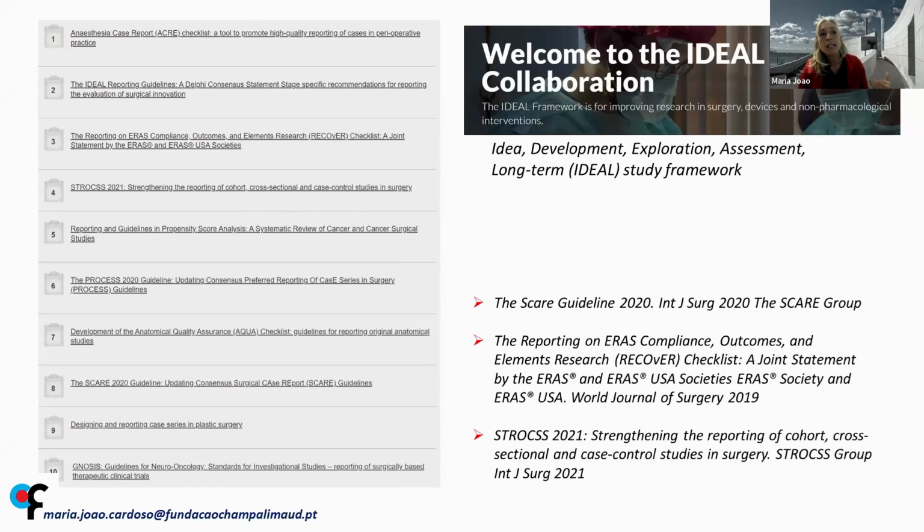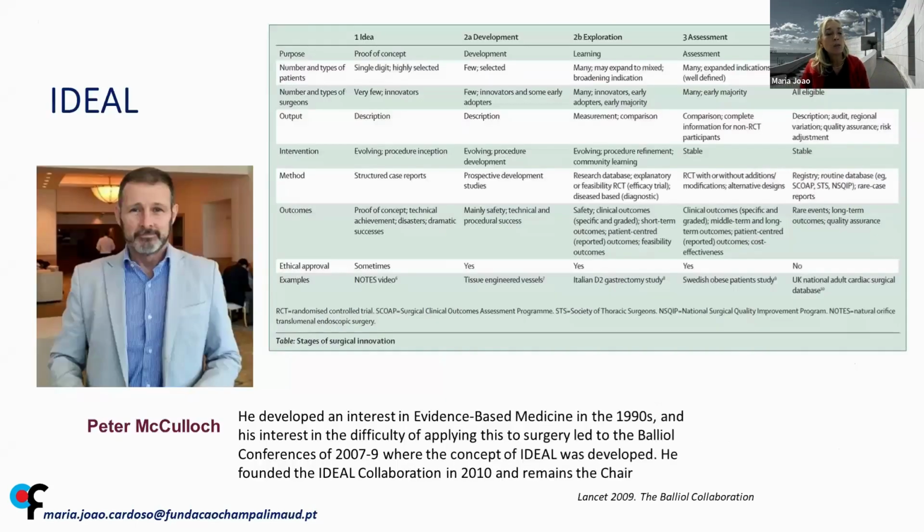We have something that came out some years ago that is now called the IDEAL collaboration, developed by Peter McCulloch, and it's also called the Balliol collaboration because it was developed at Balliol College, Oxford. It's in fact looking at surgery and trying to develop the same design that happens, for instance, in drug development, but applying it to a surgical procedure.